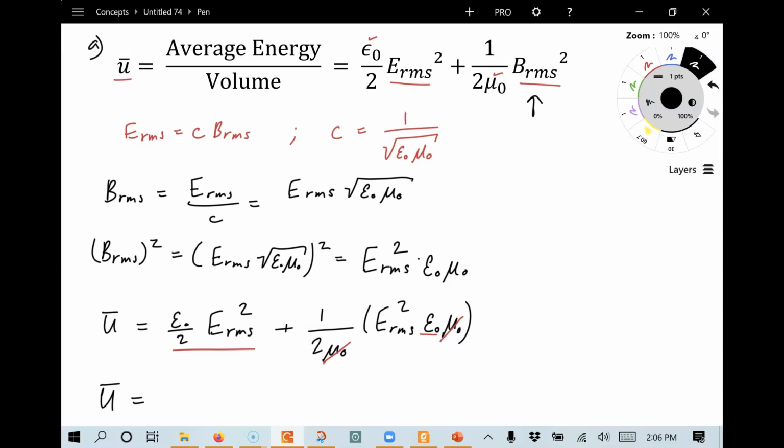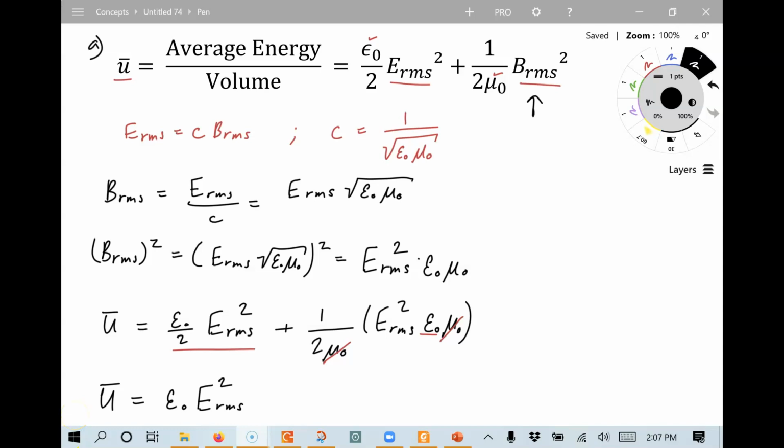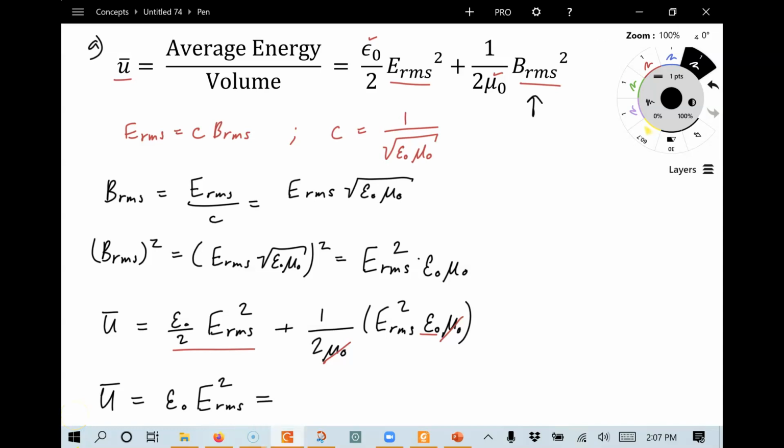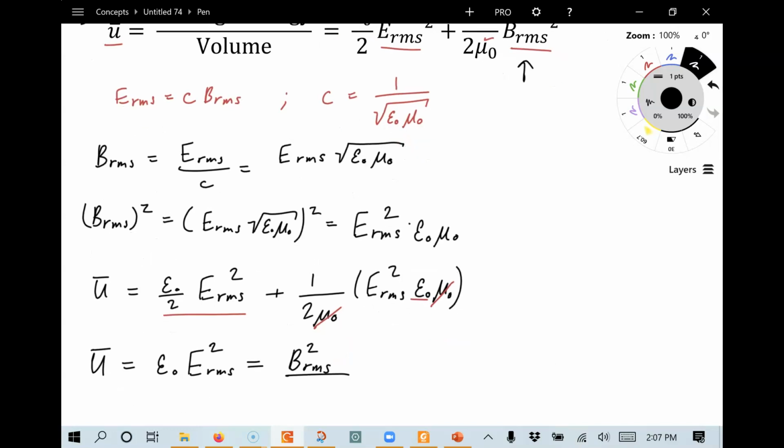It's going to be equal to simply epsilon naught times E RMS squared. By a very similar process, we can also show that we can write this as B RMS squared divided by mu naught.